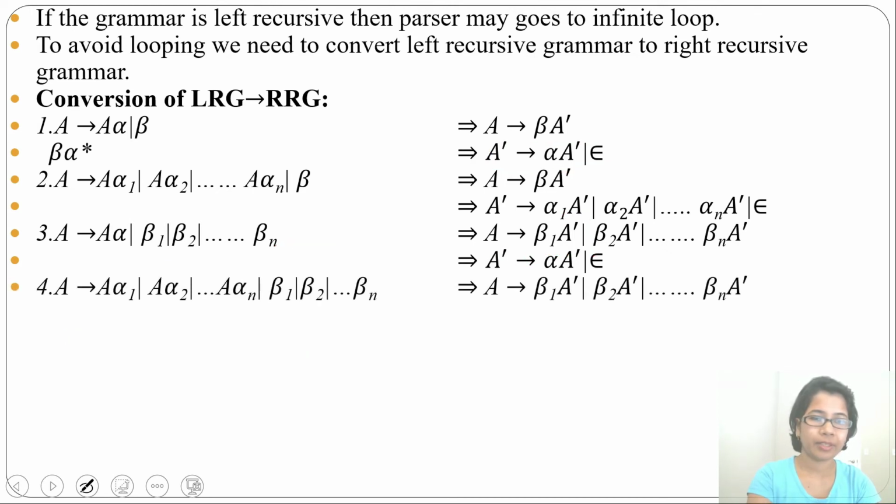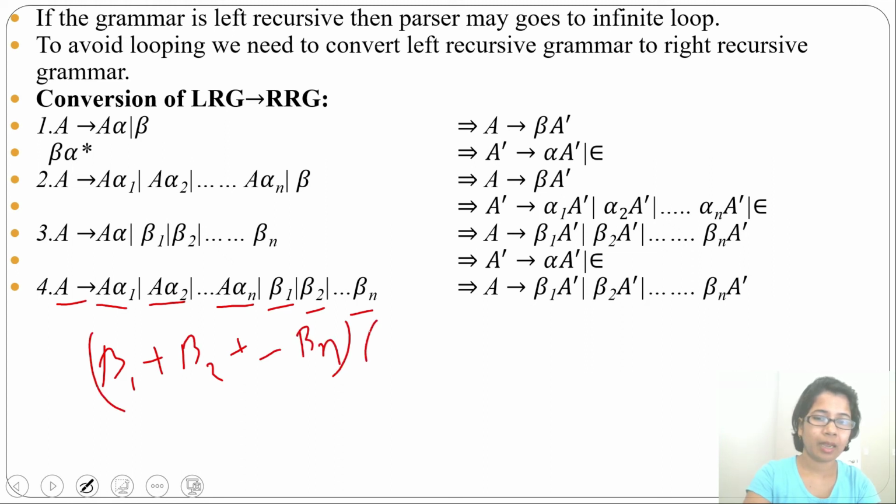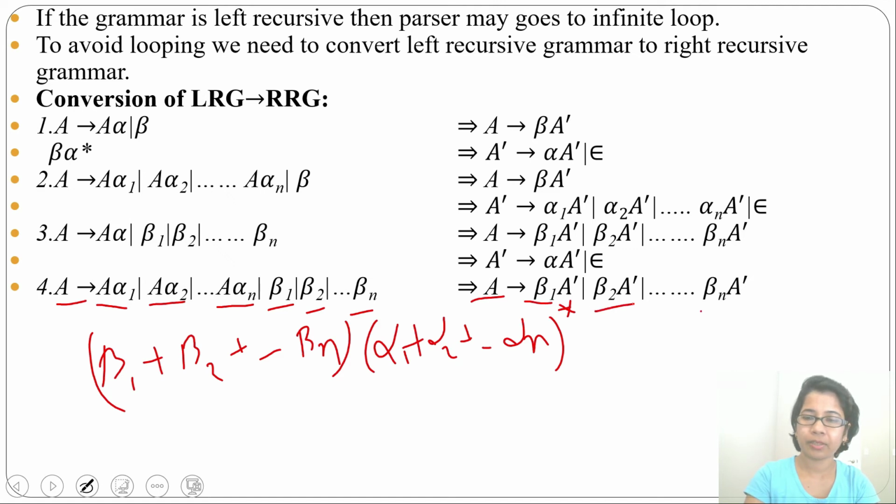Let's see another variation of this grammar. From A you can generate A alpha 1 or A alpha 2 or A alpha n or beta 1, beta 2 up to beta n. Then what will be the regular expression for this? It will be beta 1 plus beta 2 plus up to beta n, then alpha 1 plus alpha 2 up to alpha n, whole Kleene closure. Now from A you will generate beta 1 A dash or beta 2 A dash or beta n A dash.